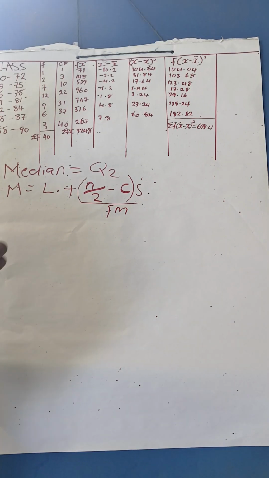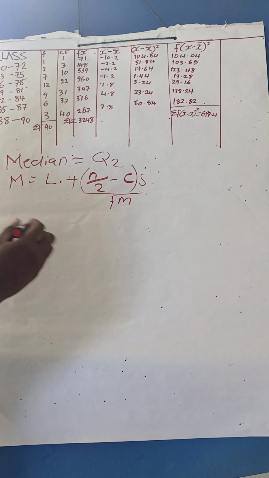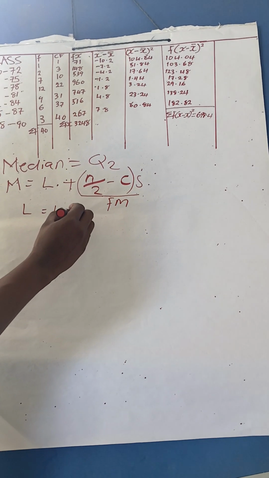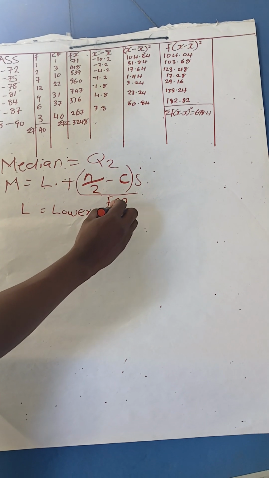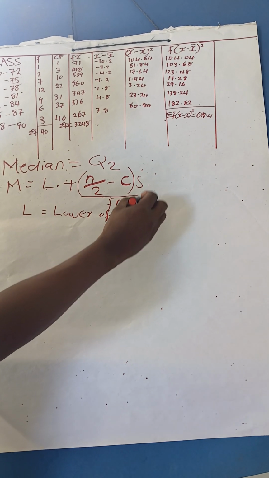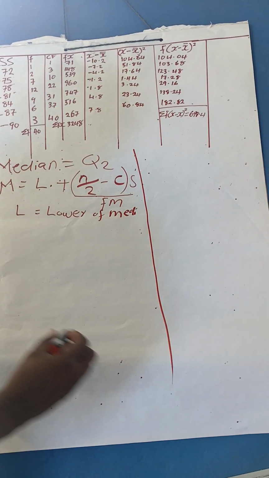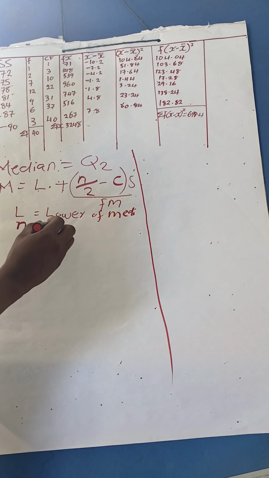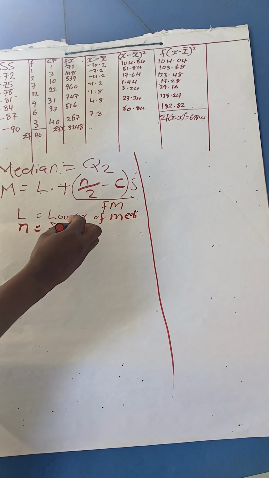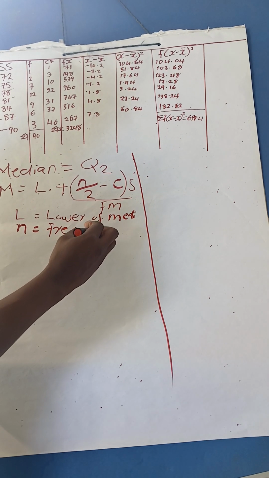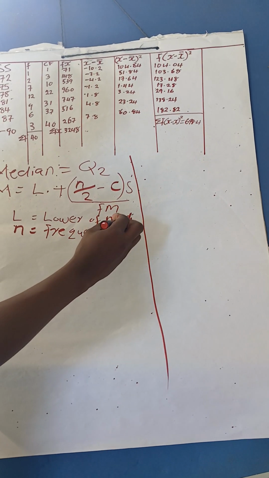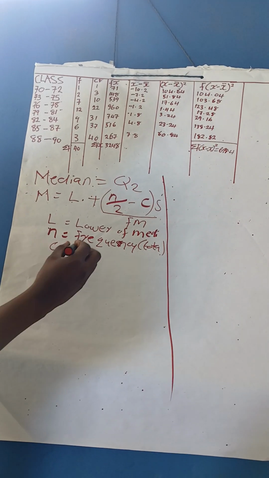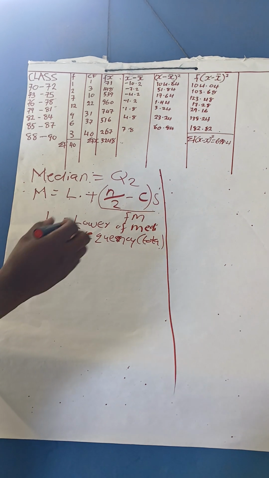Good. So I will write this for you. L is the lower class of the median class. Then n, in this case, represents the total frequency. Then C, in this case, will be the cumulative frequency before the median class.